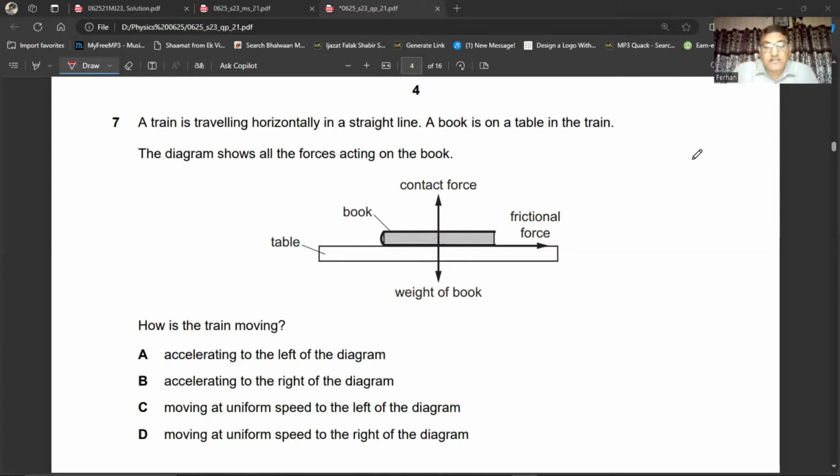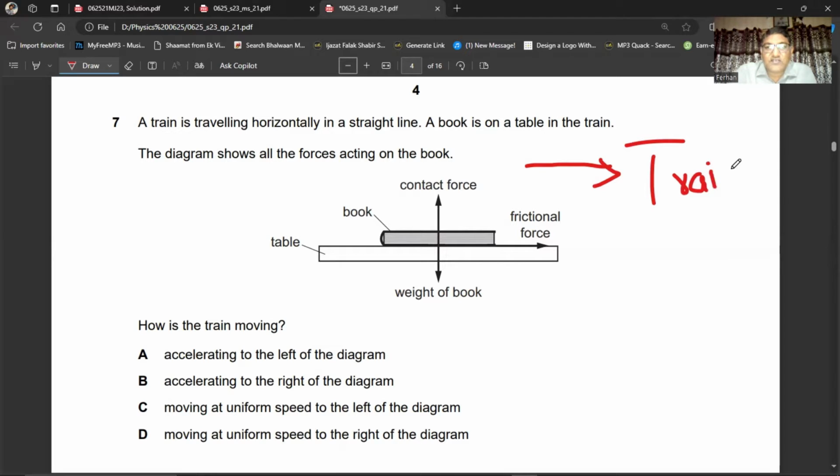So that means the friction is always opposite to the direction of the motion. That means the train is moving, and this is the direction in which the train is moving. So the train is going to the right.